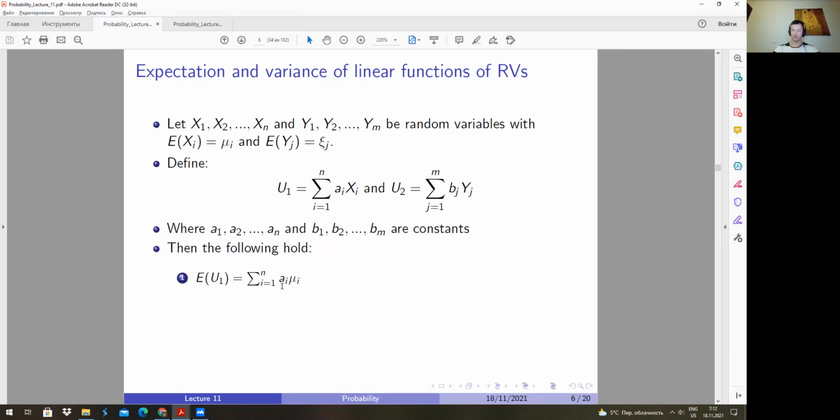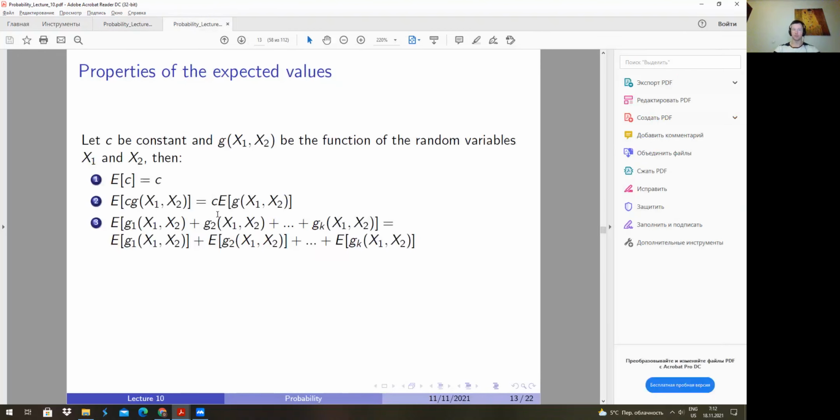And finally, we have this. I omit the proofs of these; they must be clear based on this.